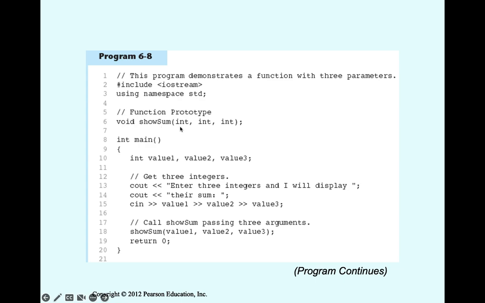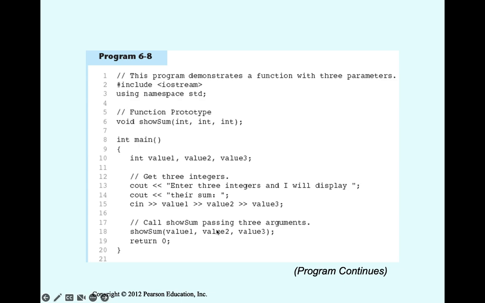So let's take an example. Here I define a prototype of a function, show sum. It takes 3 integers, okay, and then here I define 3 integer variables. I ask the user to enter 3 values, and I read the 3 values, and then I call show sum value 1, value 2, value 3.